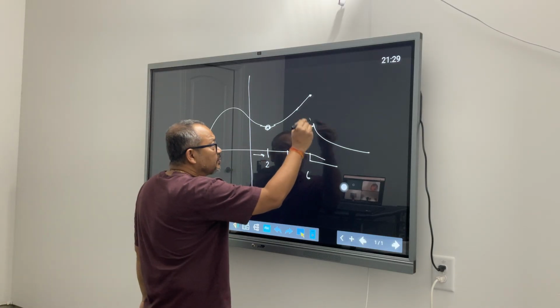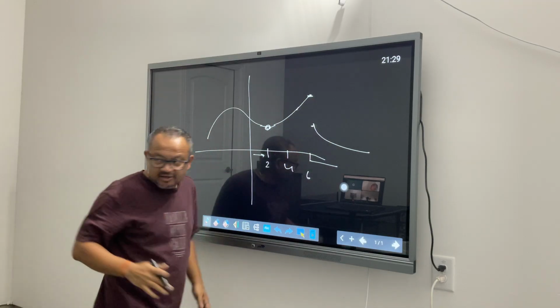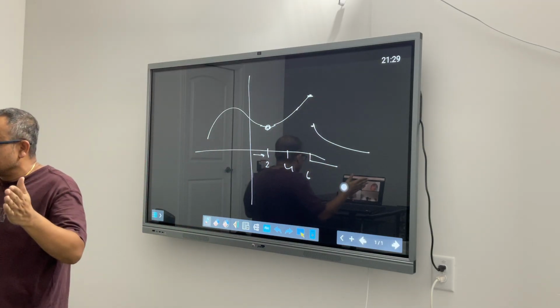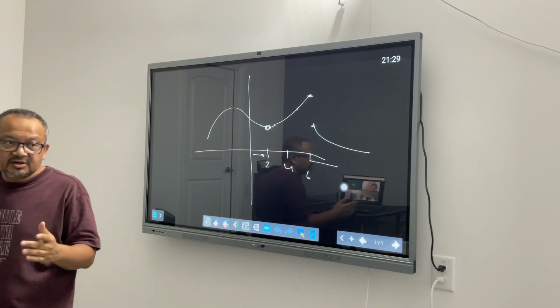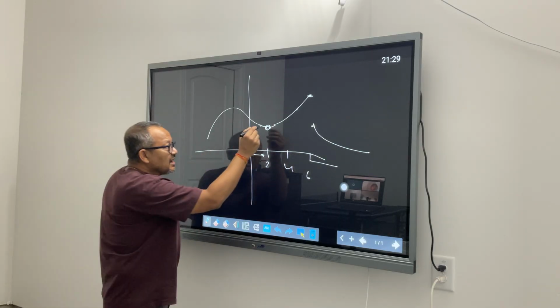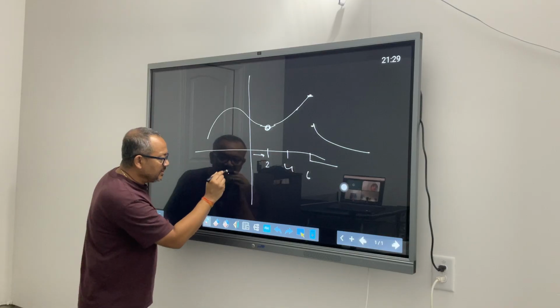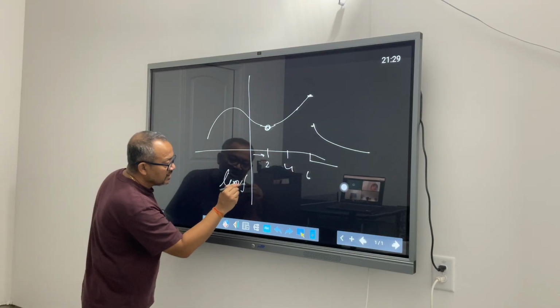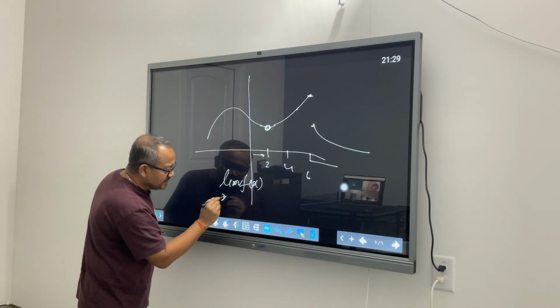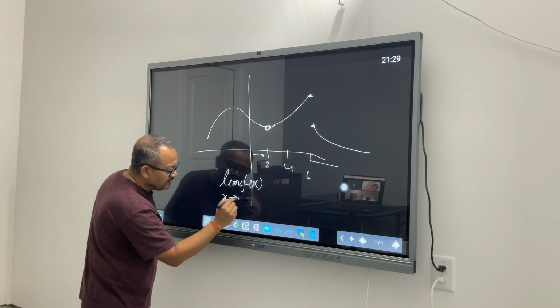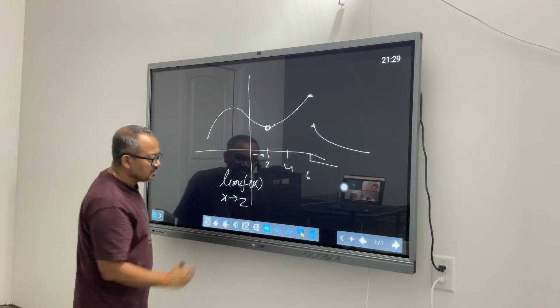Similarly, at this point, the limit does not exist because it literally fell apart. Moved away from each other. So limit just tells us the limit of a function f of x when x is approaching any value, let's say 2 here.